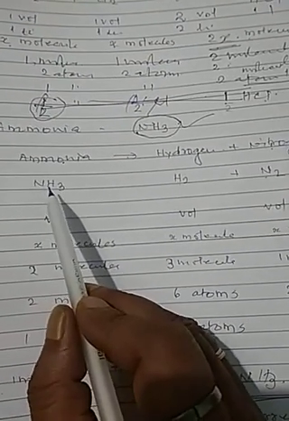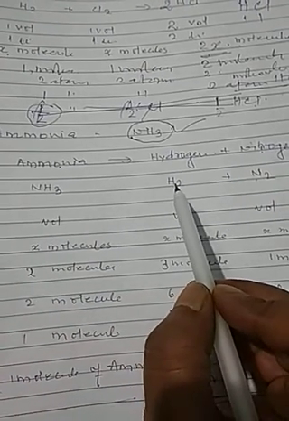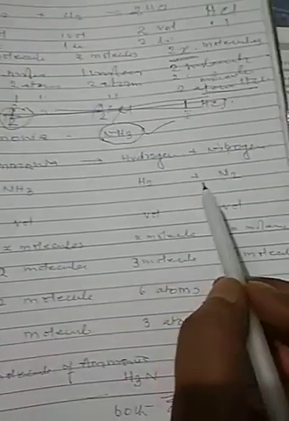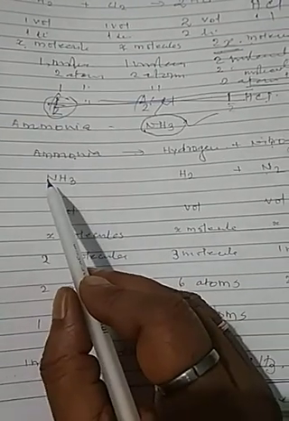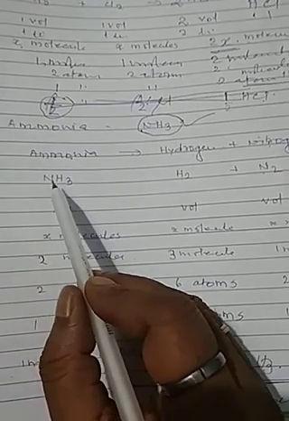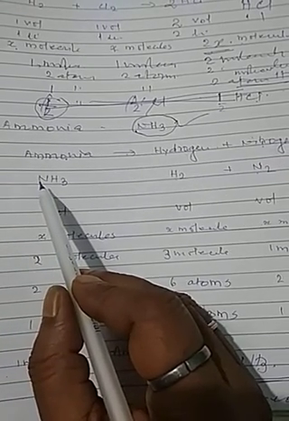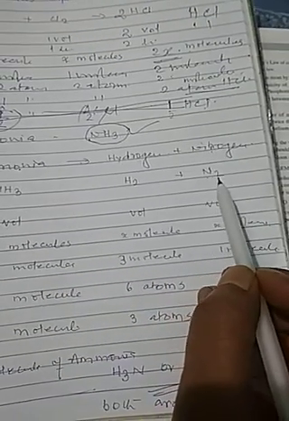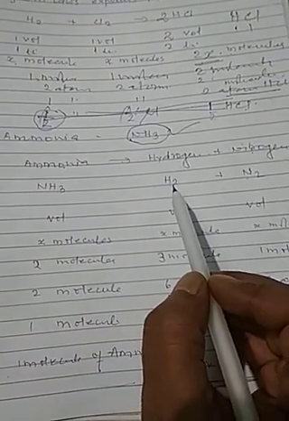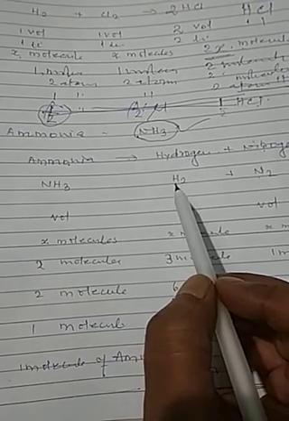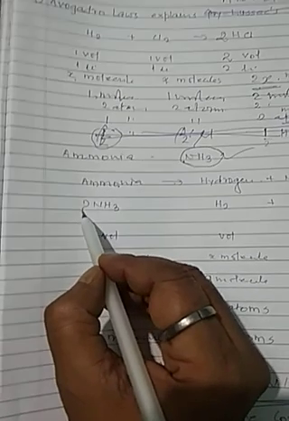When ammonia decomposes, it forms one molecule of hydrogen, meaning two atoms of hydrogen, and one molecule of nitrogen, meaning two atoms of nitrogen, but in one molecule of ammonia only one nitrogen atom is present. So from where has one nitrogen come, and where has one atom of hydrogen gone? Has it been destroyed? No, it has not. We know that atoms can neither be created nor destroyed.